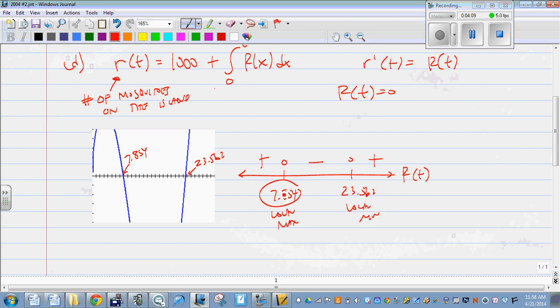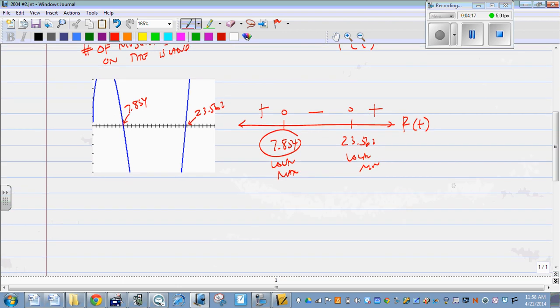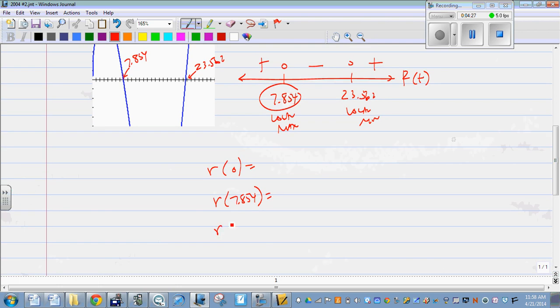So I'm going to look at this local max and our two endpoints. We want to figure out what is r of 0, what is r of 7.854, and what is r of 31. Well, r of 0 is pretty simple. That's the starting amount, which is going to be 1,000.